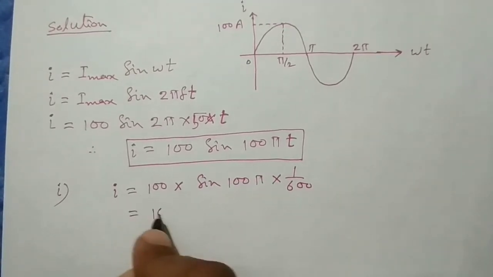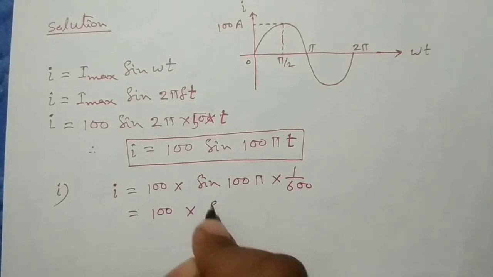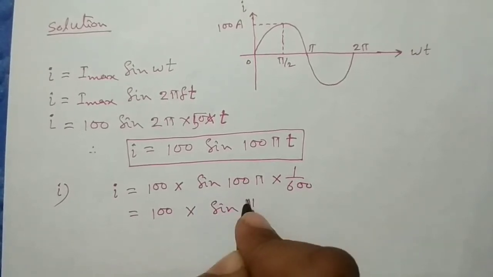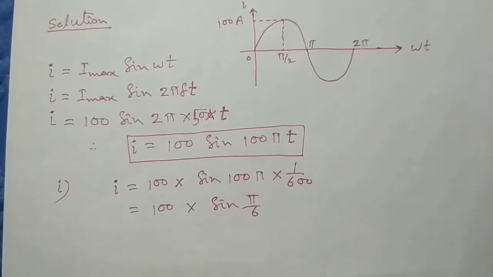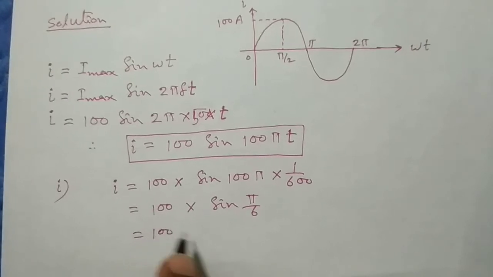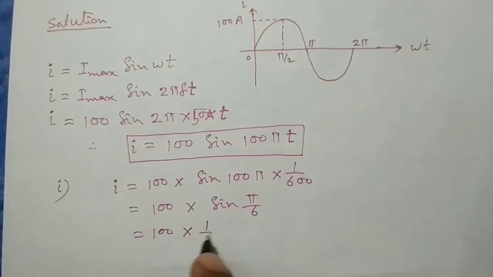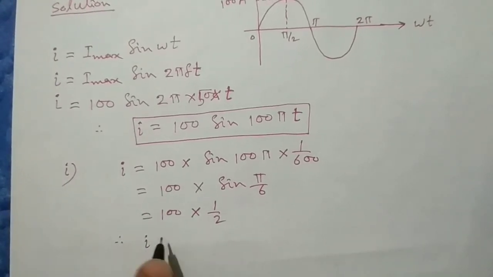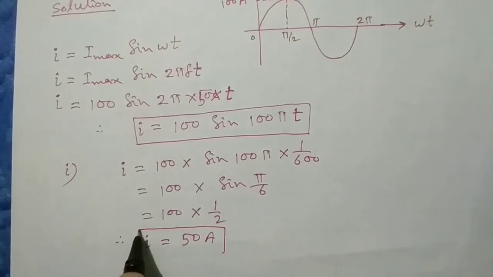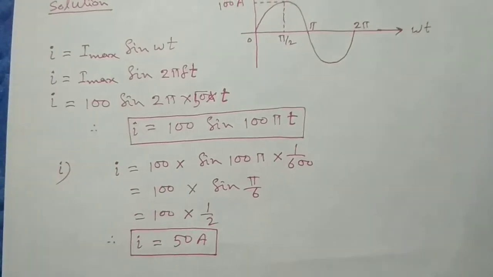So it can be written as 100 into sine pi by 6. The value of sine pi by 6 is 1 upon 2. Therefore, the current will be 50 ampere. So this is the instantaneous current at time 1/600 second.